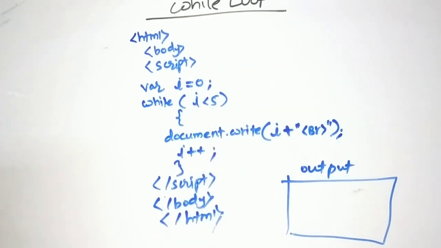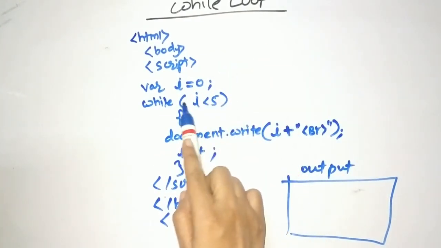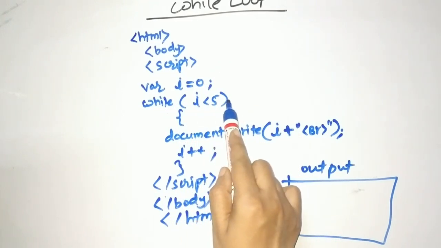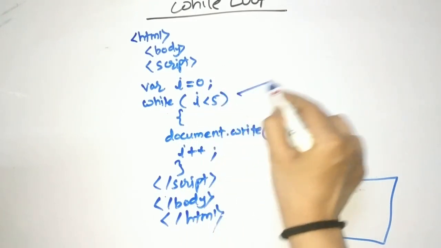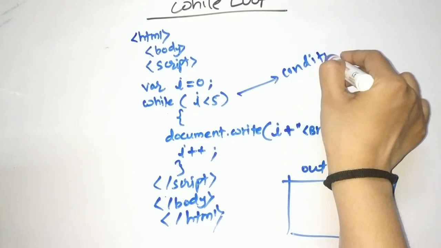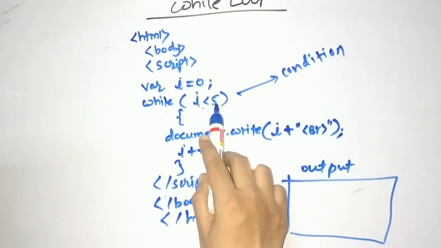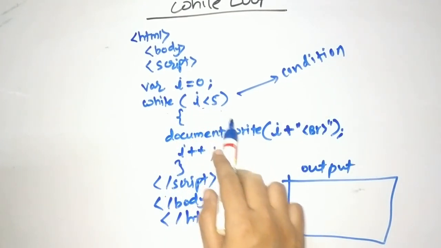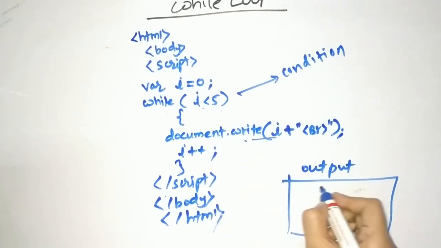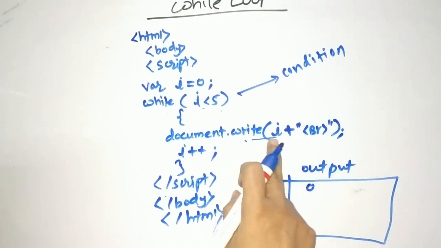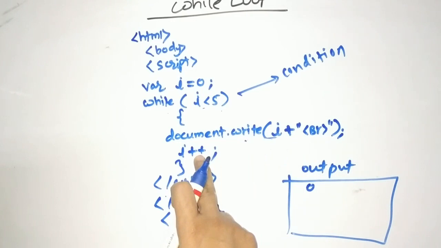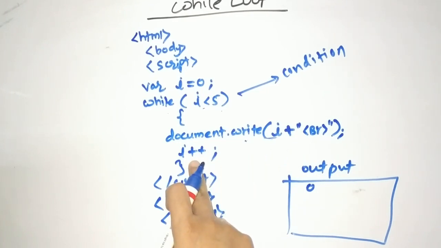So first I's value is 0. While I is less than 5, it will check the condition here. 0 is less than 5, it is true. As it is true, it comes inside and prints I, meaning 0 will come on the screen first. Then break line, then I plus plus: 0 plus 1. It will go here.